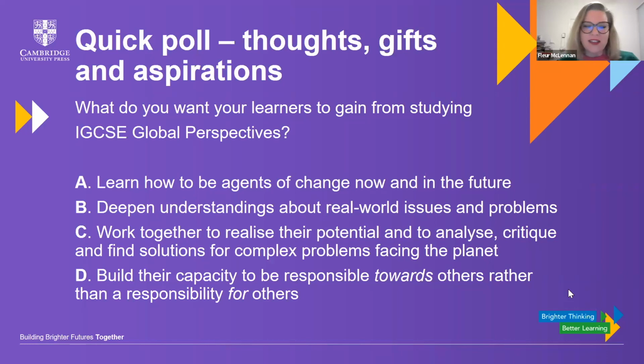So to work together to build their understandings so that they have, and we as teachers as well, can realize how awesome we all are in being able to make change now and in the future. So the answer for this particular poll is you're all correct. All of them are what we do as part of our practice as Global Perspectives teachers.